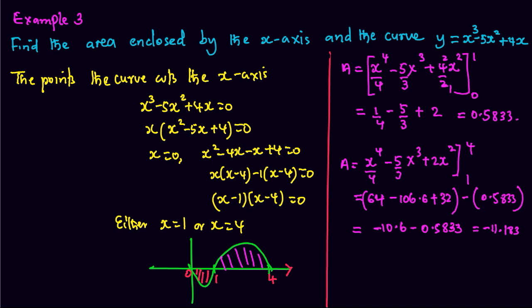So that indicates that it is the second part which lies below the x-axis because it gives us a negative area.